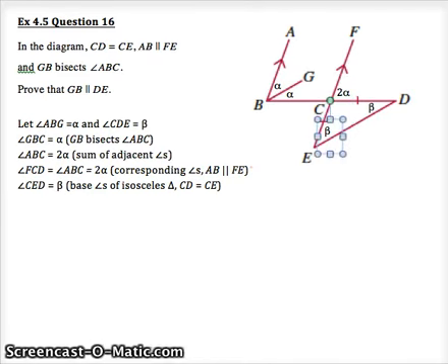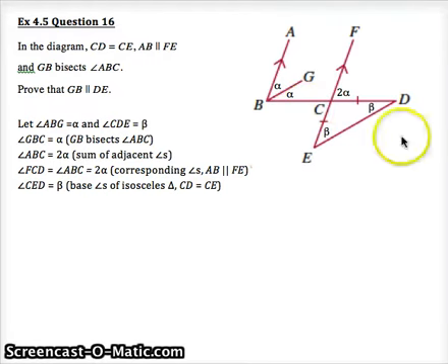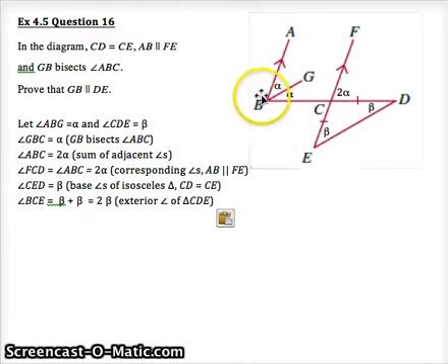So what we can do here, we can say that angle BCE, this angle there, is also 2 beta because it's the exterior angle of triangle CDE. So just writing that up, angle BCE equals beta plus beta, which is 2 beta because it's the exterior angle of triangle CDE.